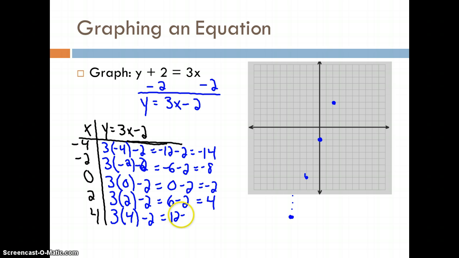That's 12 minus 2, which gives us the ordered pair 4, 10. So there we have our 5 points. Again, they're aligned, so we can connect those with a straight line. That's the graph for y plus 2 equals 3x, or in slope-intercept form, y equals 3x minus 2.